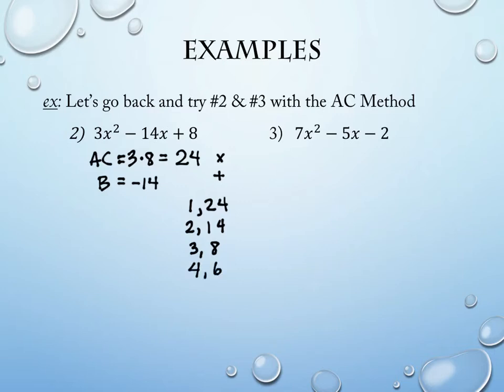Now we already said the signs have to match because I need to get a positive 24, right? So the fact that there's a negative here means again that my signs all have to be negative. So I really have negative 1 and negative 24, negative 2 and negative 12, negative 3 and negative 8, negative 4 and negative 6. Which of those options, there are 4 of them, will give me negative 14?